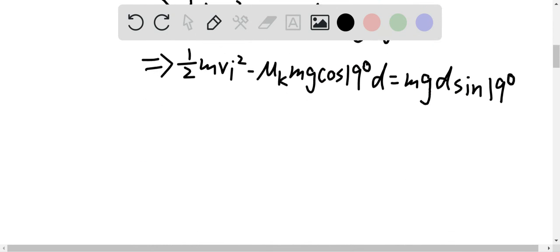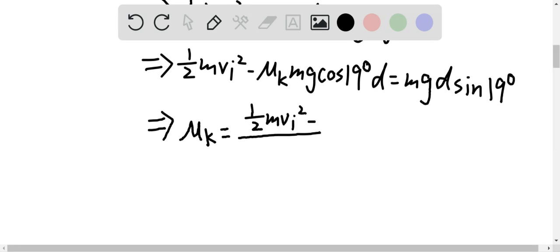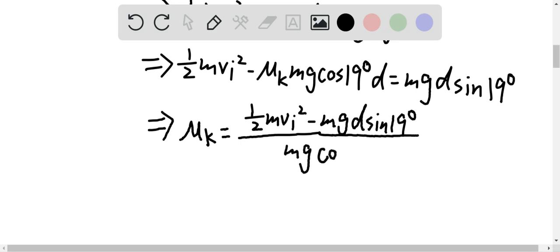And we'll get mu k is equal to 1/2 m vi squared minus mgd sine 19 degrees, over mg cosine 19 degrees times d.